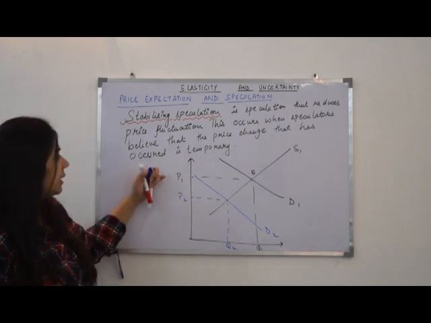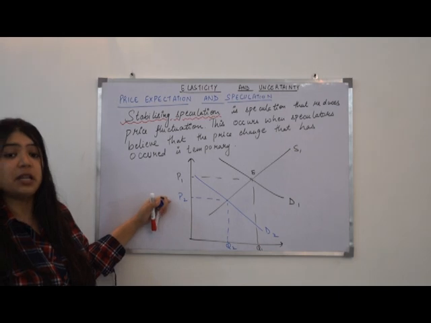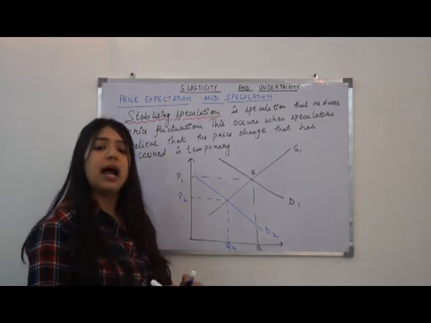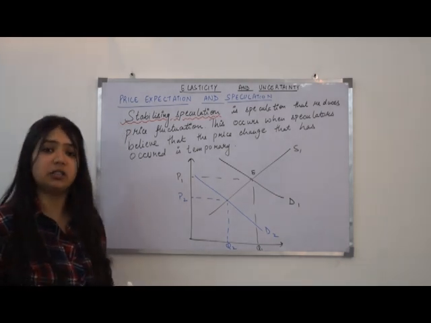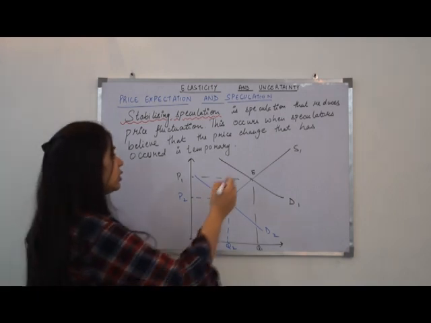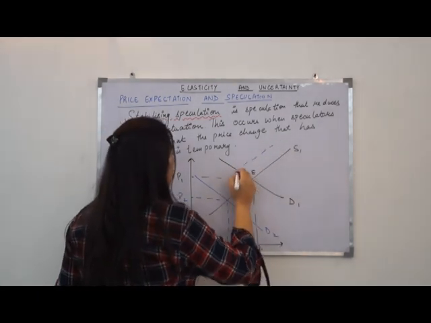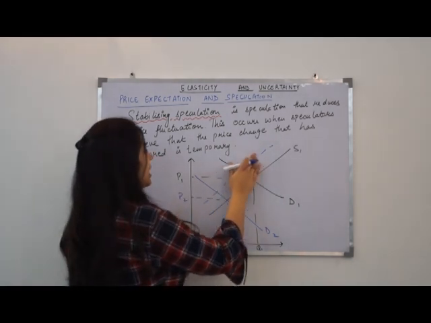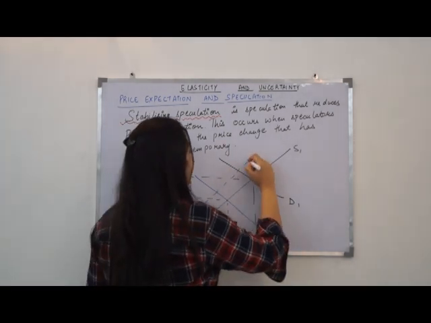They think that this drop in the price is temporary and that it will come back up, and they will want to sell at the higher prices later. So right now when the prices are low, they don't want to sell, so they cut their supply, not because the price is low currently, but because they expect the price to increase in the future.